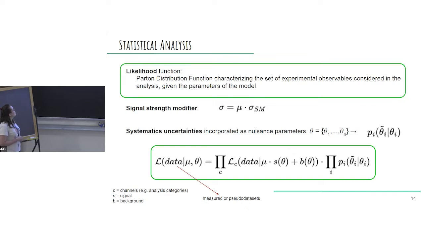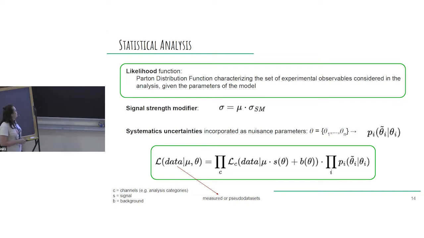And then we include the systematic uncertainties as nuisance parameters, and of course, every nuisance parameter has its own probability density function. And then we build the likelihood based on observed data or simulated data, according to what we want to obtain, if the actual measurement or the expected measurement.